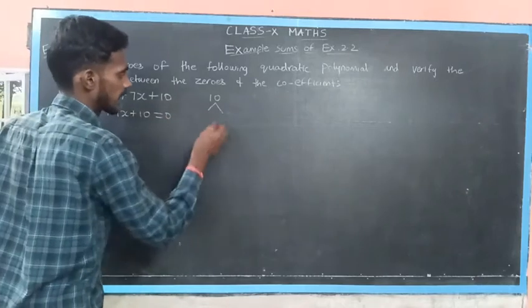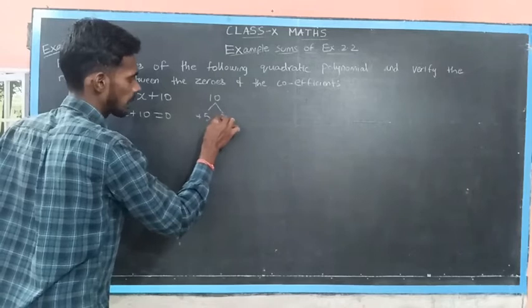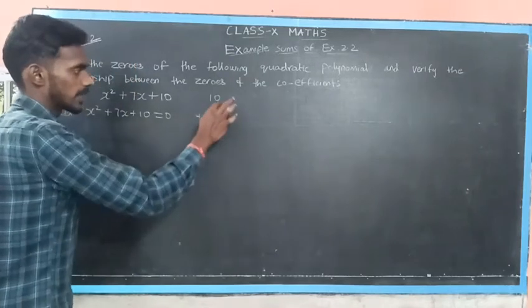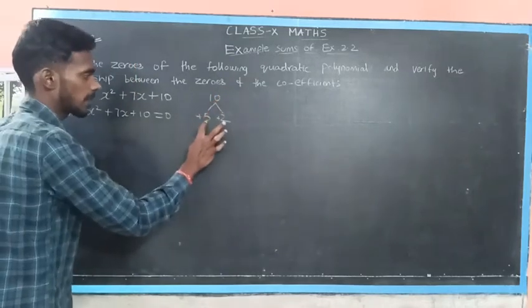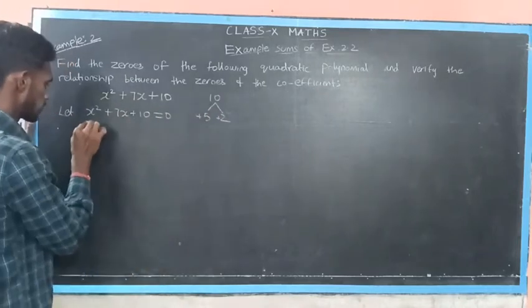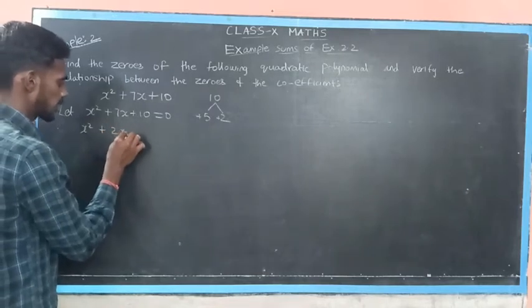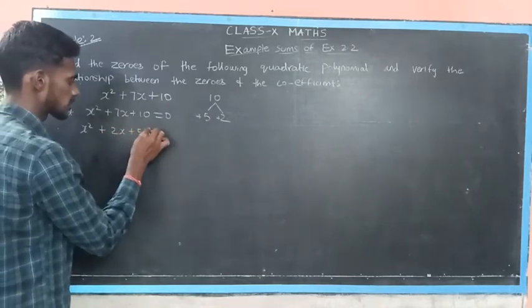So I am taking the factors of 10 to be plus 5 and plus 2. So 5 into 2 gives 10, 5 plus 2 gives 7. So the term 7x can be split as plus 2x plus 5x.